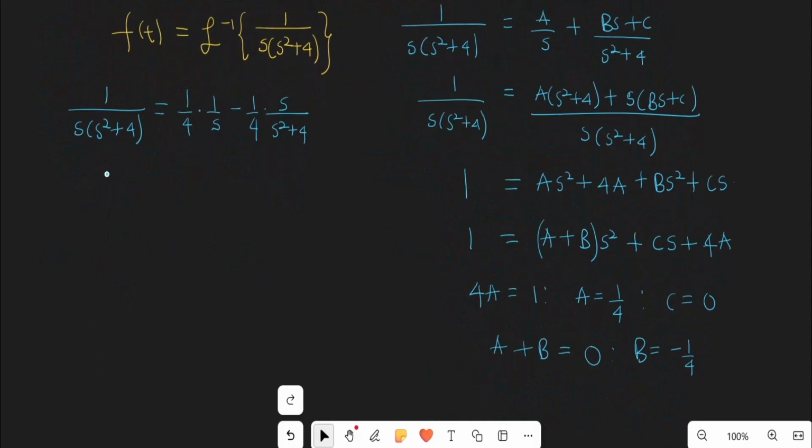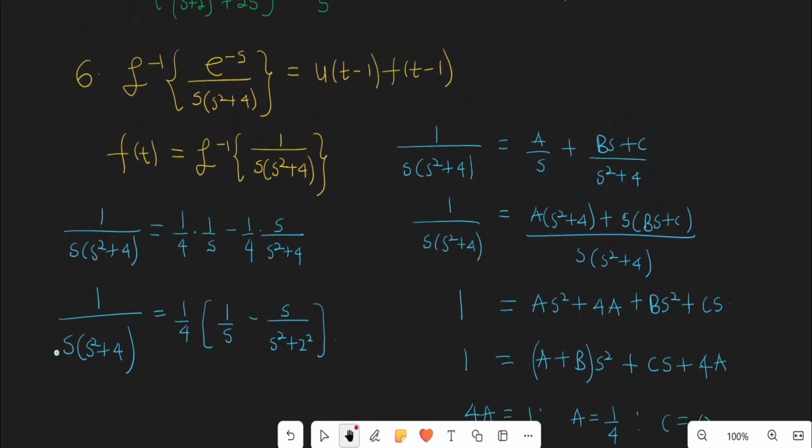So that means that this 1 over s times s squared plus 4 is equal to 1 over 4 outside. Then you are going to have 1 over s minus s all over s squared plus 4, which can be written as s squared plus 2 squared, like this. Cool. So now we are ready to take our Laplace inverse.